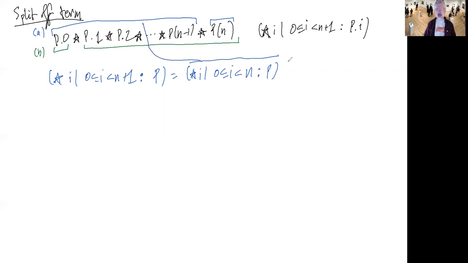Then we've got to tack on this last bit, which is star P with i replaced by n. So we're going to take whatever P was and replace it with n.